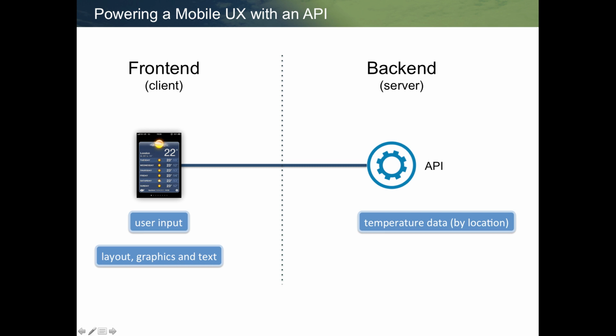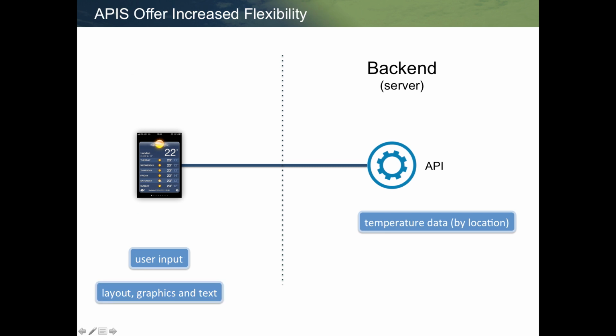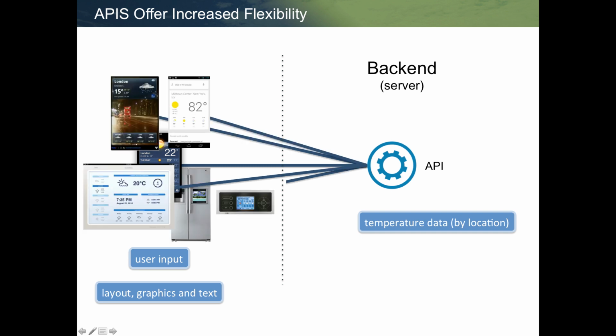And what's the difference here? Why is this new? What's the revelation here? The revelation is if I want to move to different form factors, Internet of Things, cars, tablets, refrigerators, home AC units or thermostats, I can do that because they can all make the same API call and deal with their layouts and their view of that data differently.